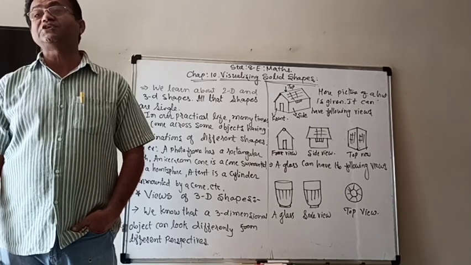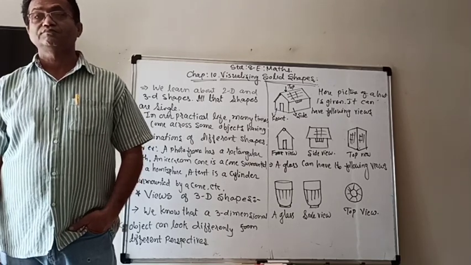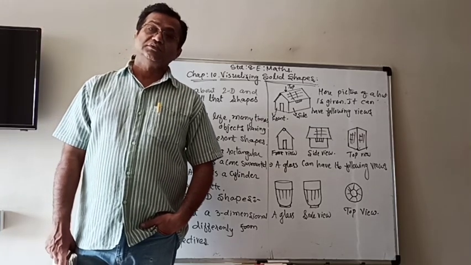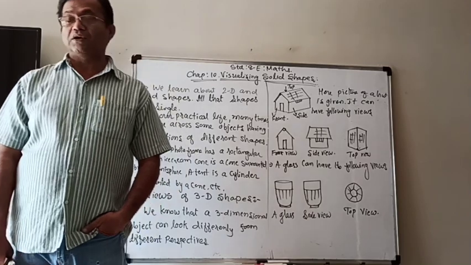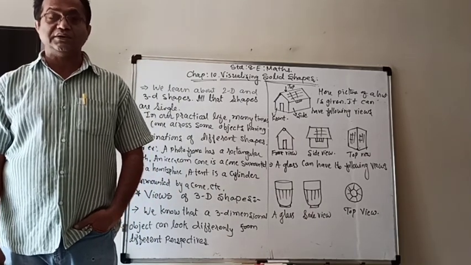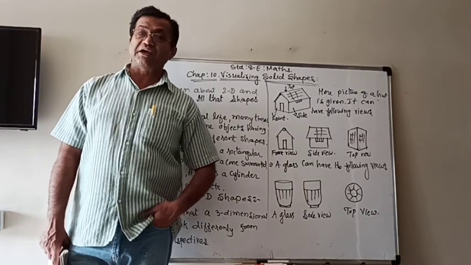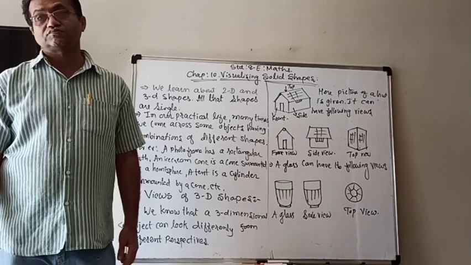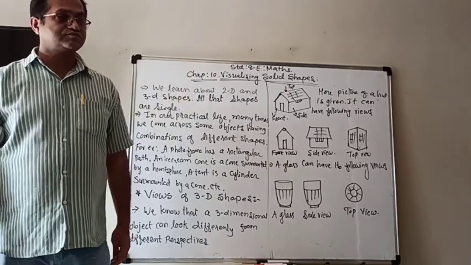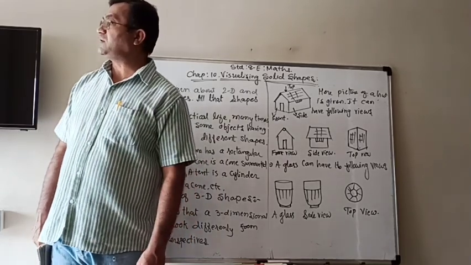Because they have only two dimensions, meaning two measurements, length and breadth, or it can have the radius, etc. And they can be drawn on a plane surface. They are plane figures having only one surface. So they are known as two-dimensional shapes.